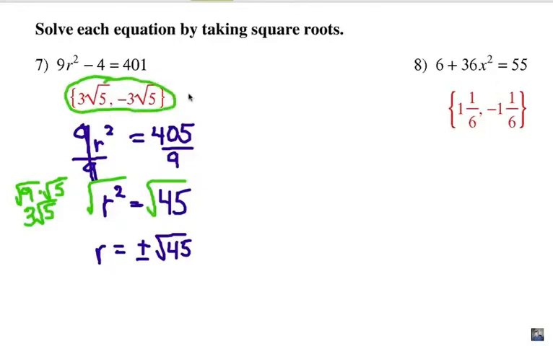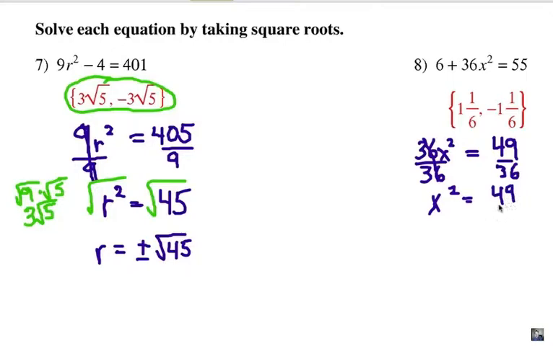All right, number 8. We're going to have 36x squared equals 49 because we're going to subtract 6 from each side originally. Then we're going to divide each side by 36. x squared equals 49 over 36, which doesn't look very nice.